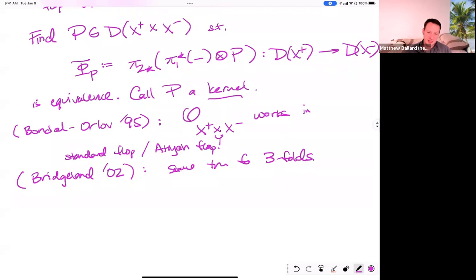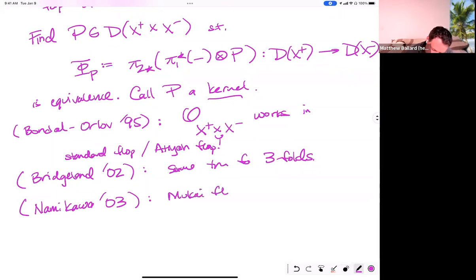Low dimensions are good. Some class of examples are good, right? And then another class of examples was verified due to Namikawa, what are called Mukai flops. Those also work fine.